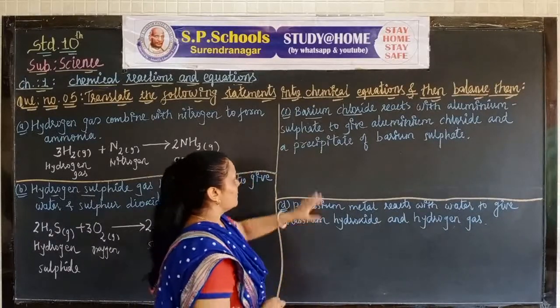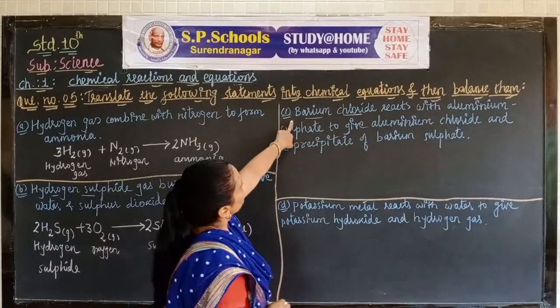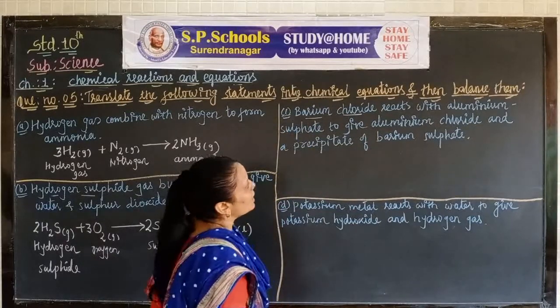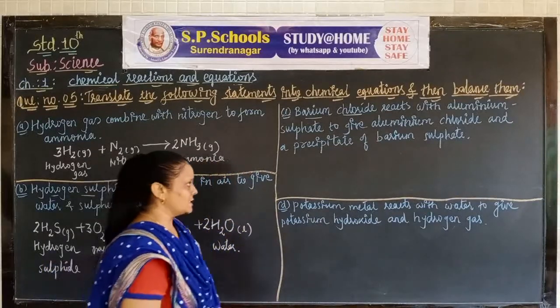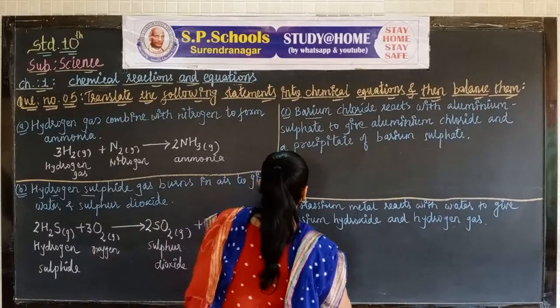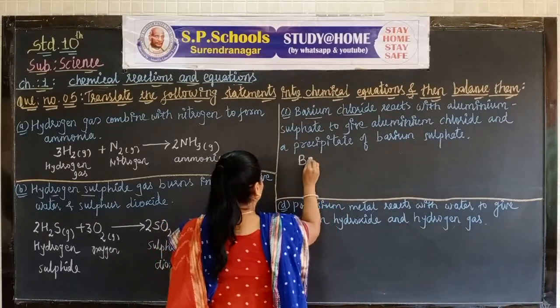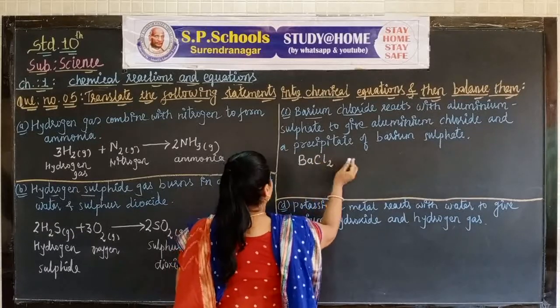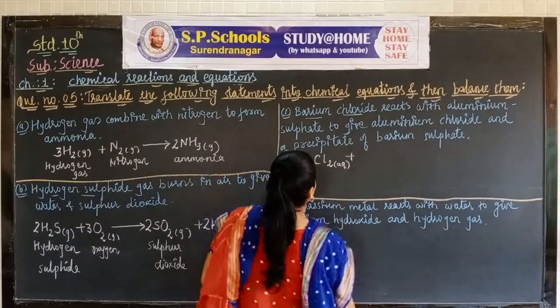So when we try to write the equation, first we know the molecular formula of barium chloride and aluminium sulfate. It is a must. So write the formula of barium chloride, BaCl2, barium chloride in aqueous form.